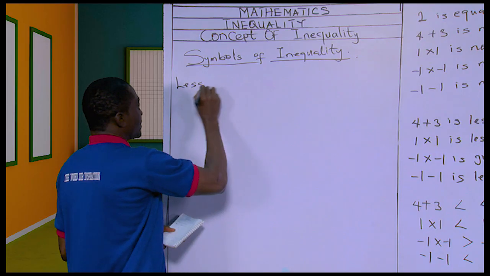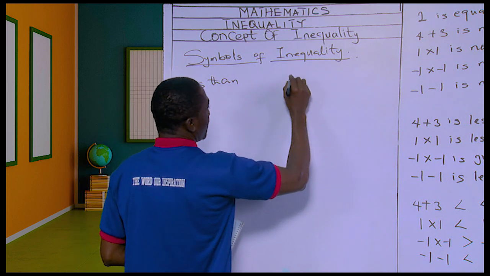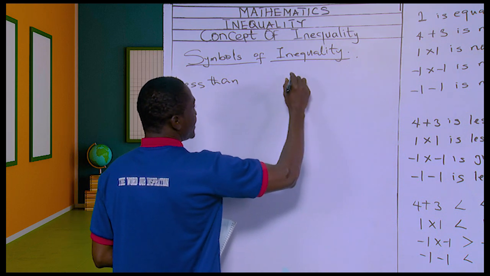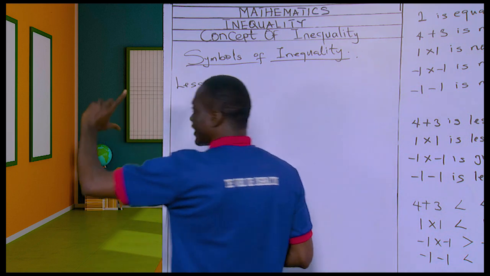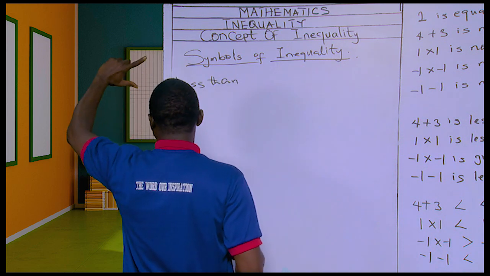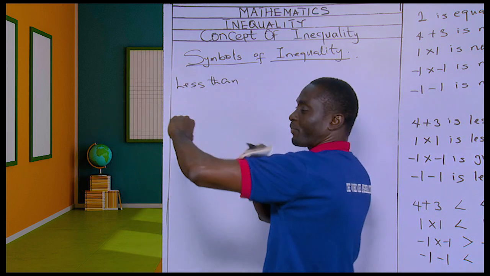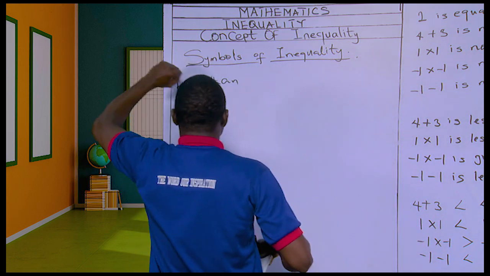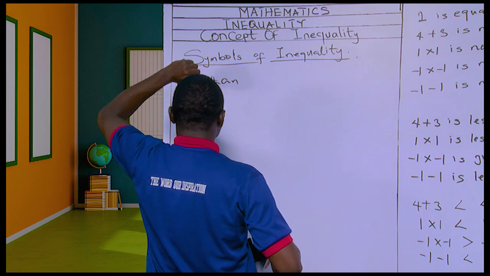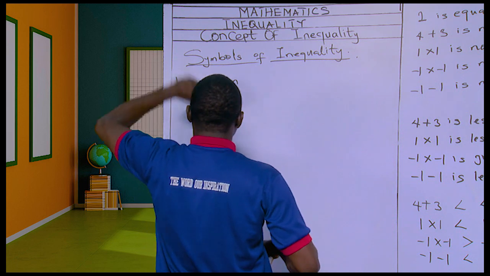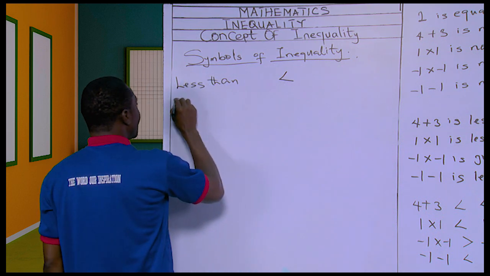Less than. To remember the symbol for less than, use your left: either two fingers on the left to show the symbol, or your left arm bent into an angle shape, which brings out the symbol of less than.